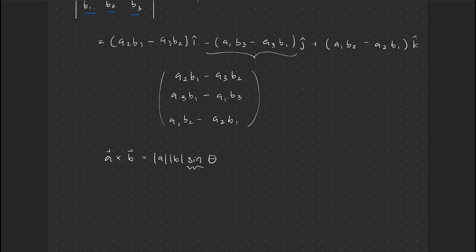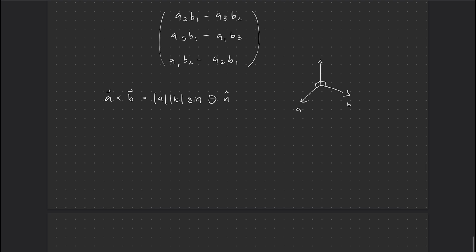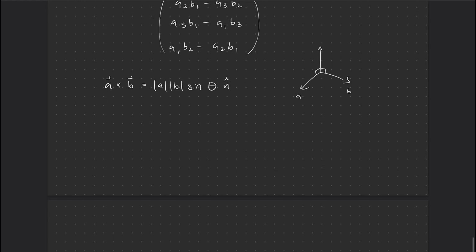Notice this is sine instead of cosine like the dot product. The normal vector is mutually orthogonal to both a and b, which just means it is perpendicular to both of them, 90 degrees and 90 degrees. That is also where our right hand rule comes from. You can search for a picture online of the right hand rule.